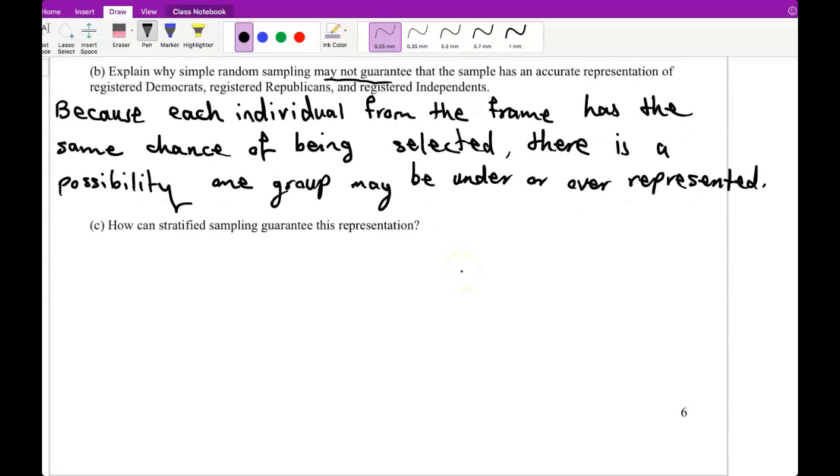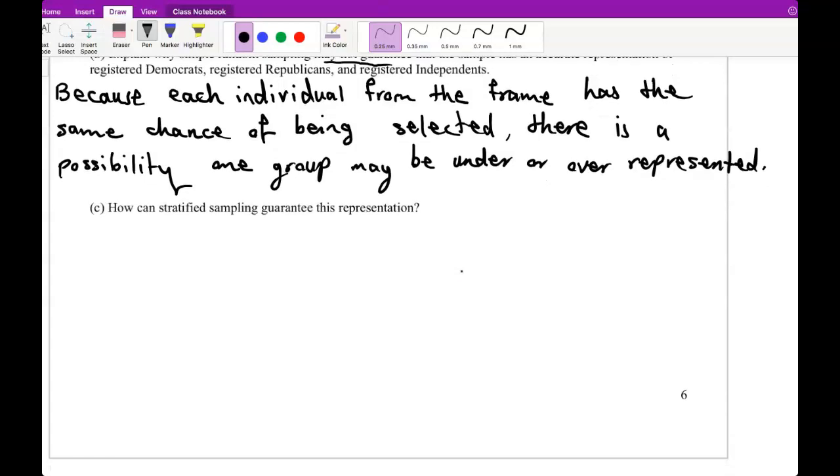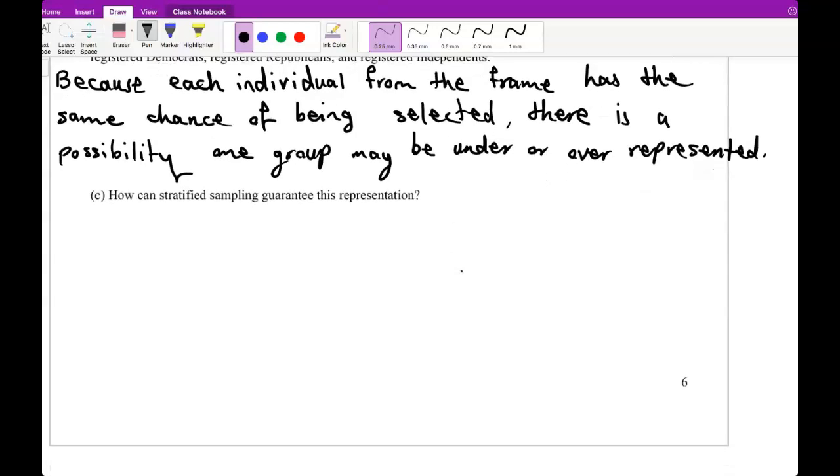And part C, how can stratified sampling guarantee this representation? So instead of using a simple random sampling, we can use stratified sampling to guarantee this representation.